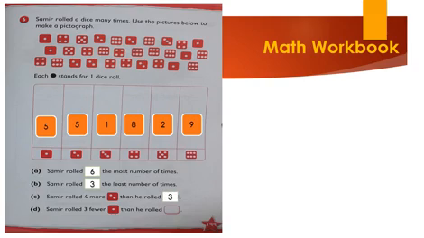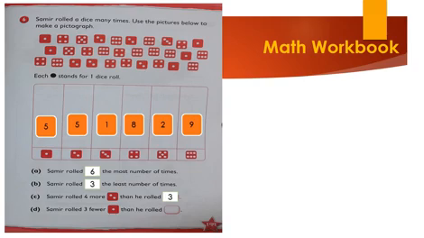If you observe, the 2 dot dice was rolled 5 times, while the 3 dot dice was only rolled 1 time. So 5 minus 1 is equal to 4, which means the 2 dot dice was rolled 4 more times than the 3 dot dice.